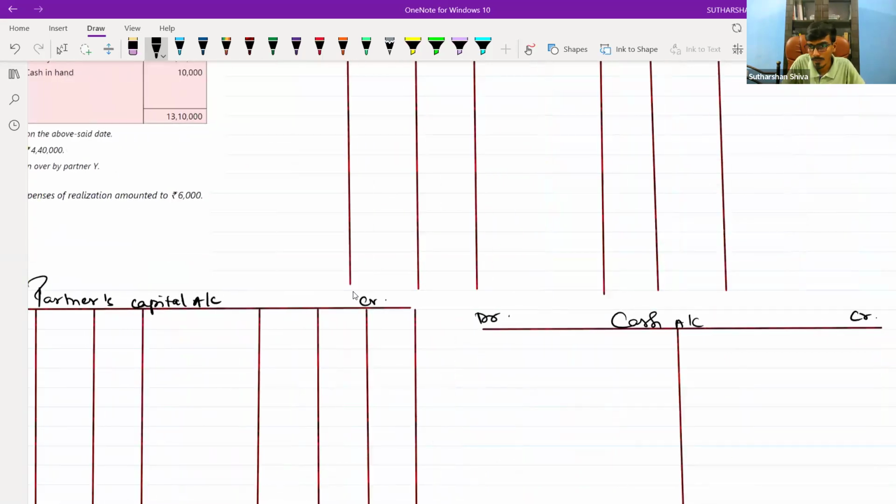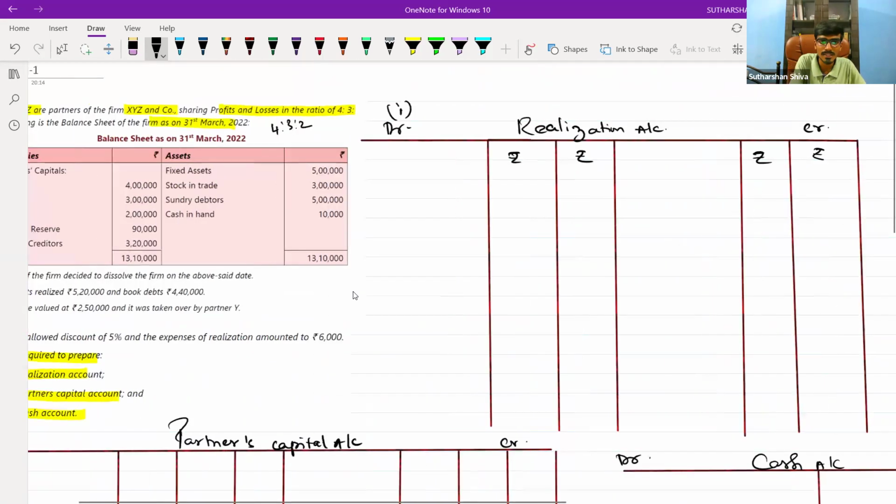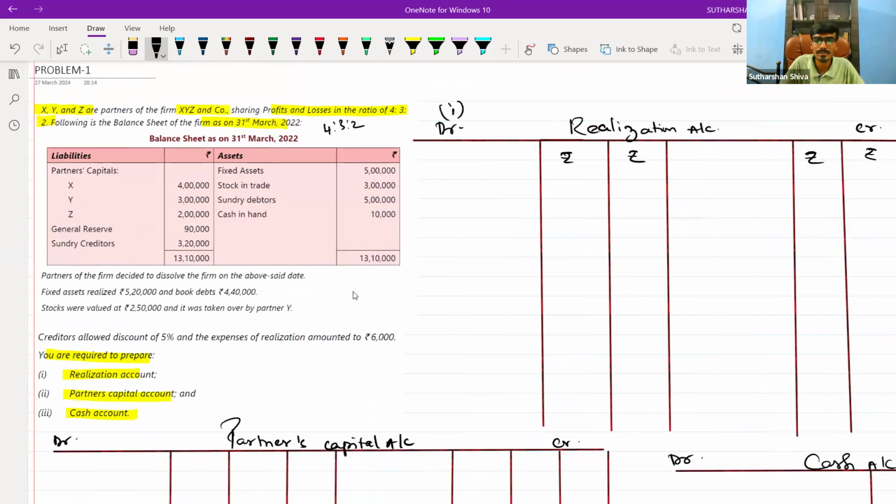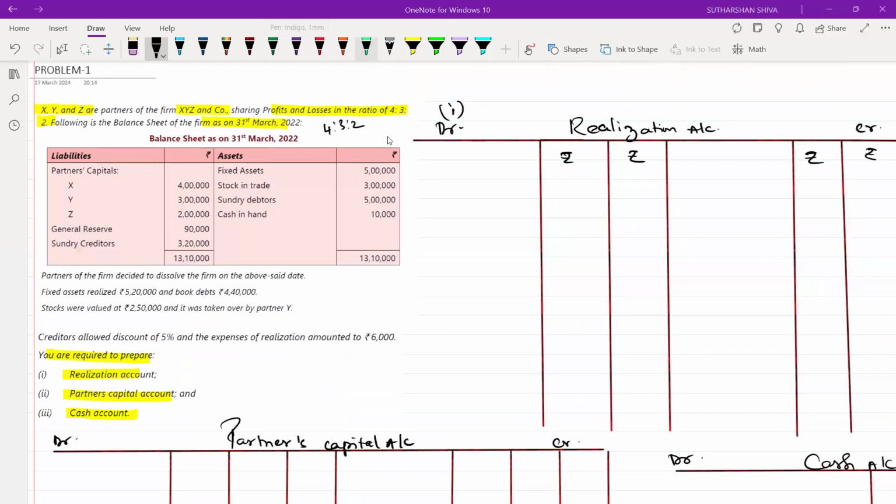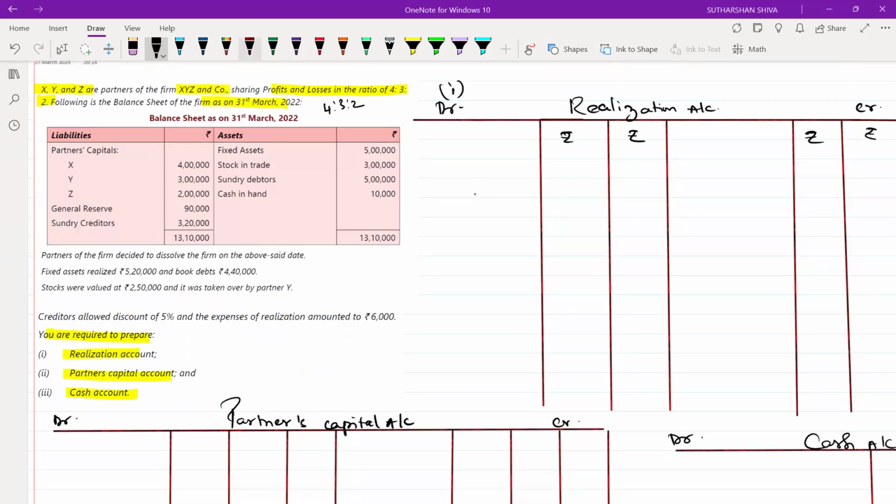Once it gets prepared, now the first step. What is the first step? Transferring all the assets to realization, that is, dismantling of the assets.